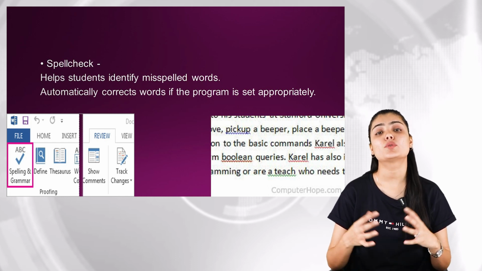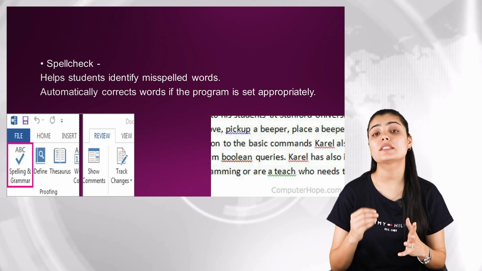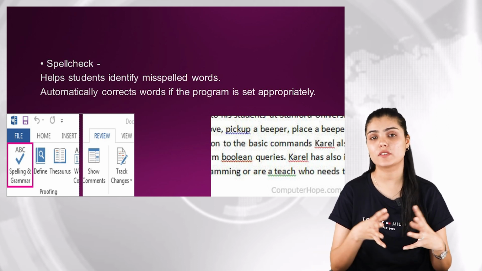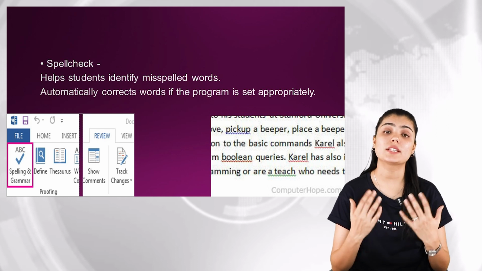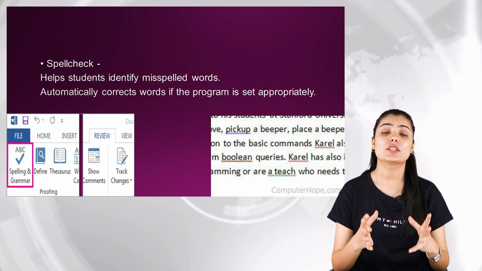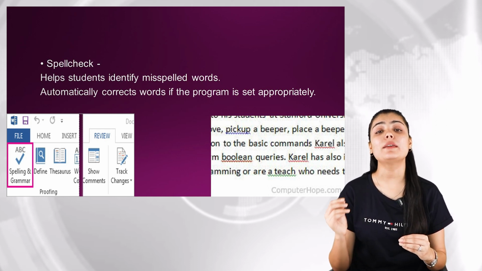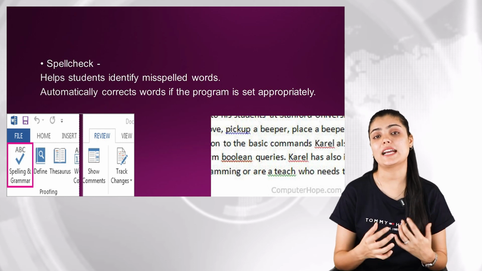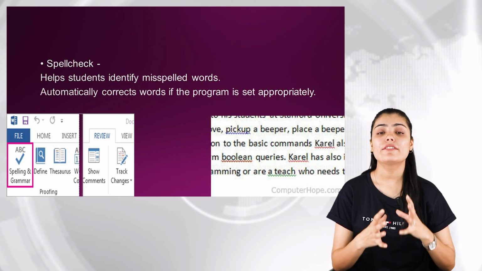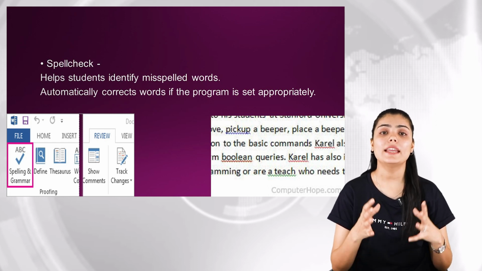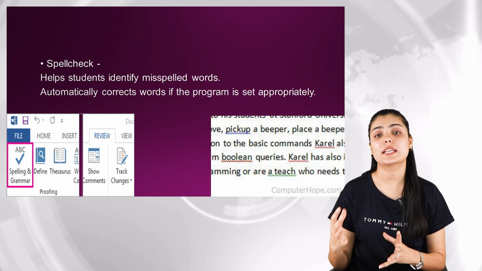This will help the students to understand if they have misspelled any of the words. If the spelling is incorrect, the computer or mobile phone suggests the correct spelling. So this will help the student to understand if they have any spelling mistakes in the entire content. And if the program is properly set, it automatically corrects the words as well.